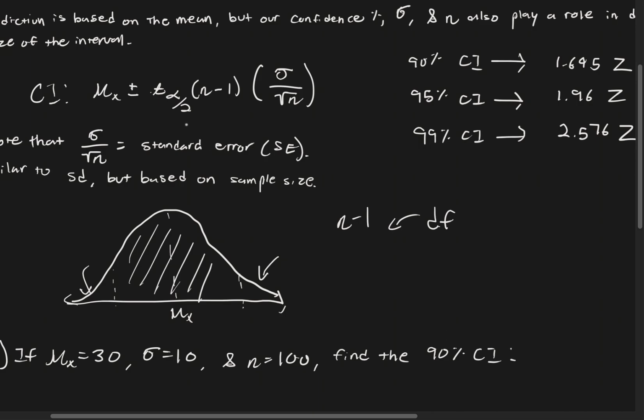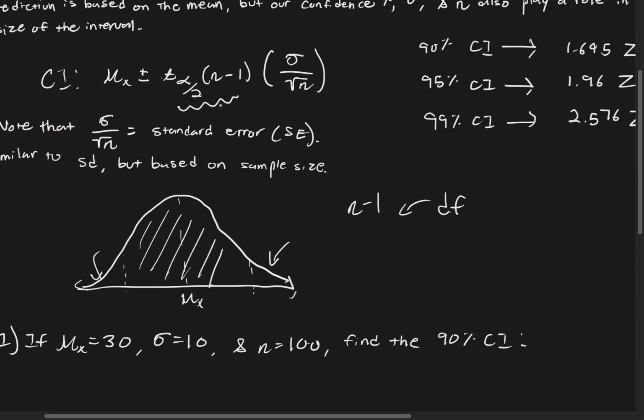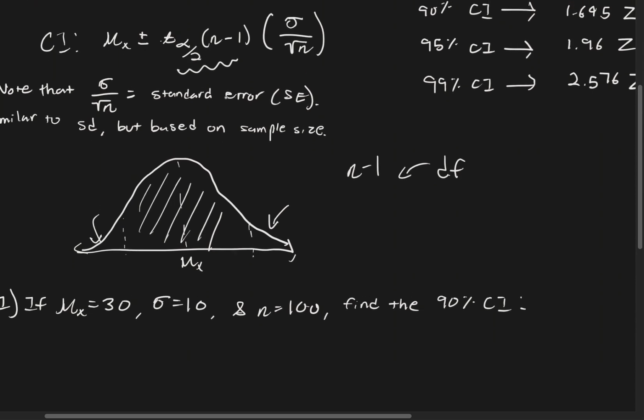This part of the equation is usually going to be given. Sometimes problems on tests or practice problems will try to trick you by saying, what is the CI given alpha equals this, and students sometimes forget to divide it by 2, but usually this part will be given as a z-score.